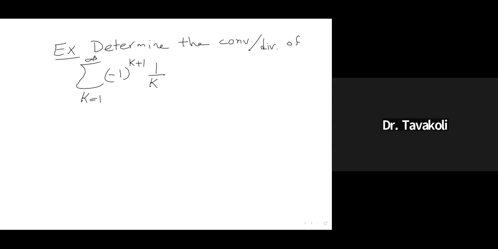Is this series convergent or divergent? The sequence of 1 over k's is a decreasing sequence because as k becomes bigger and bigger, 1 over k becomes smaller and smaller. And this is an alternating series because the sign of the terms goes back and forth between positive and negative. So using the alternating series test, this is convergent.